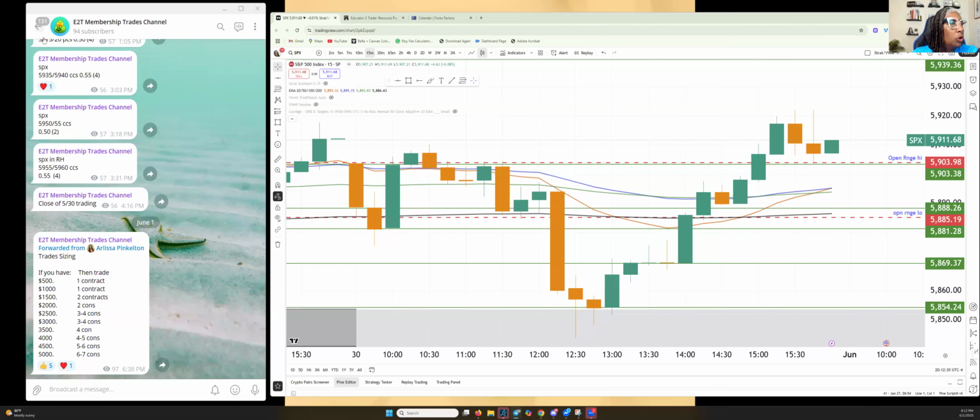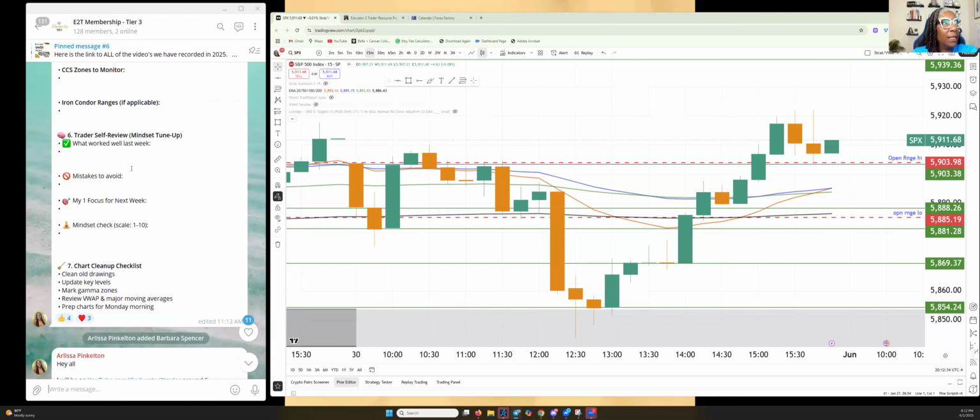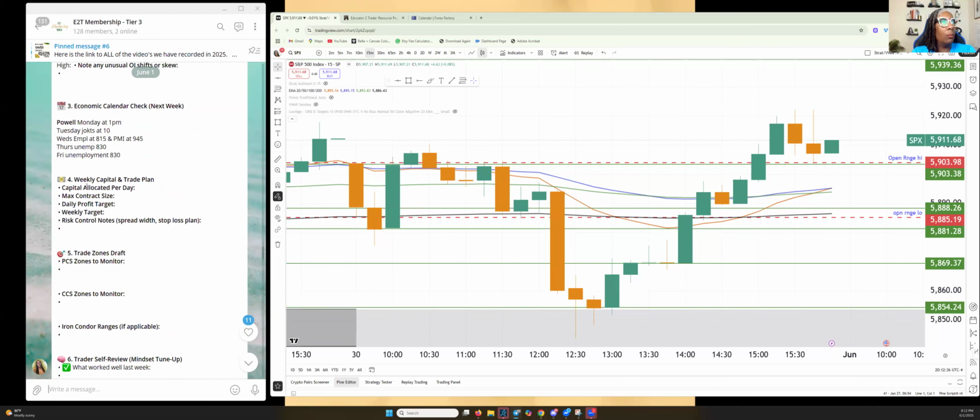As you determine that, you can come back here and fill in your capital allocated for the day and your maximum contract size. Even if you have $5,000 or 1,000 or 300, whatever you're trading with, what's your maximum contract size?